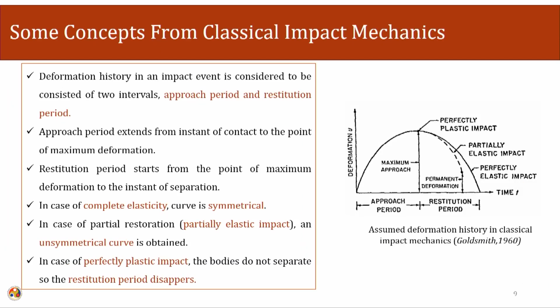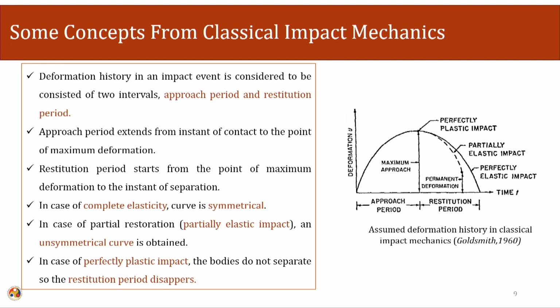Moving ahead, using the concepts from classical impact mechanics, we will reiterate some of the key concepts. Deformation history in an impact event is considered to consist of two intervals, the approach period and the restitution period.